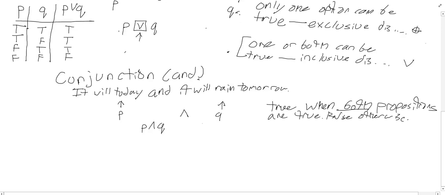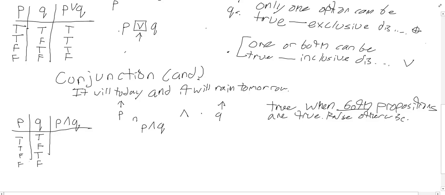So I'm sure by now you can guess exactly what's going on here. If we do our truth table for this, we have P, we have Q, and we have P and Q. And we'll just fill this out using the same pattern I mentioned above.